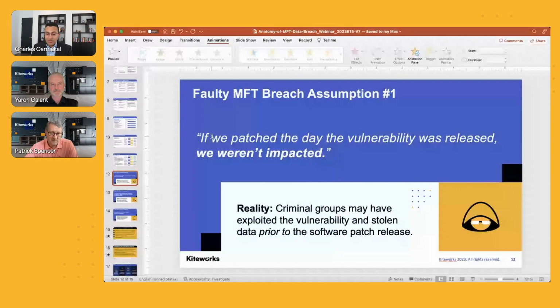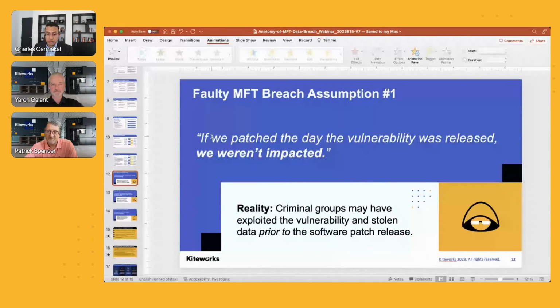And so really any organization that ended up using the product needed to do a forensic investigation to determine if their instance was compromised. And then if it was compromised, what's the scope and the extent of the compromise? And so unfortunately, pretty much any organization that used MOVEit that had an instance that was internet accessible really needed to do a forensic investigation to determine if they were compromised. Same thing for customers of the GoAnywhere product.